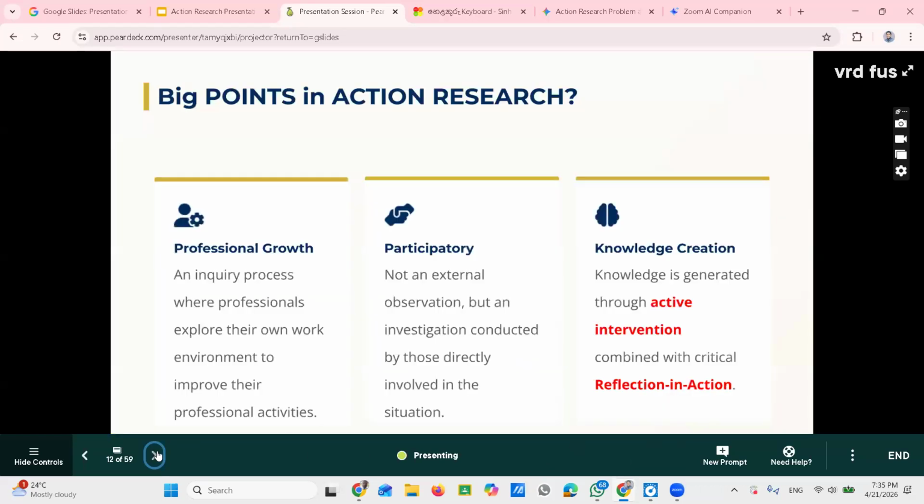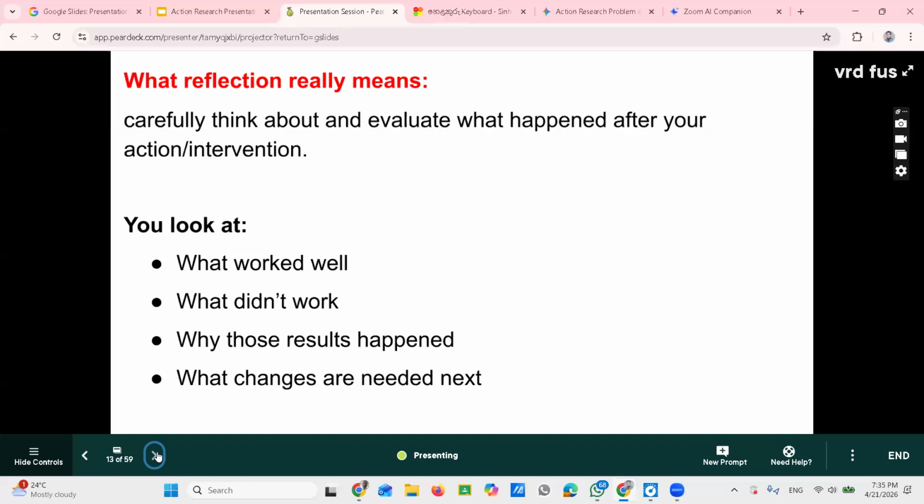Before that, again I'll summarize what I did last night. Under big points, we identified three things: professional growth, participatory, and knowledge creation. To create knowledge, we use two things: active intervention and reflection in action. We discussed in detail what reflection in action is.